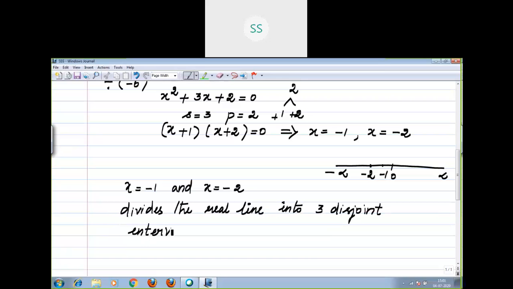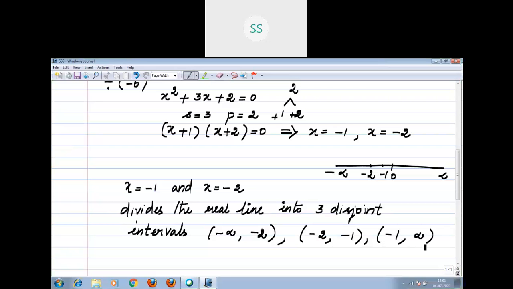What are they? Very good, children. Minus infinity to minus 2, comma, minus 2 to minus 1, comma, minus 1 to infinity, right?